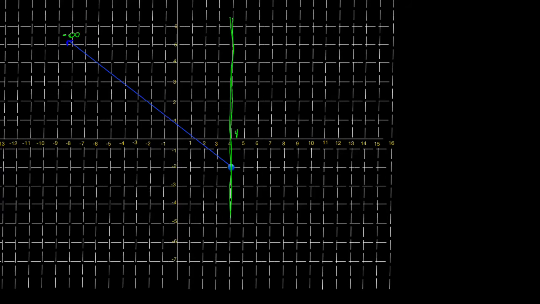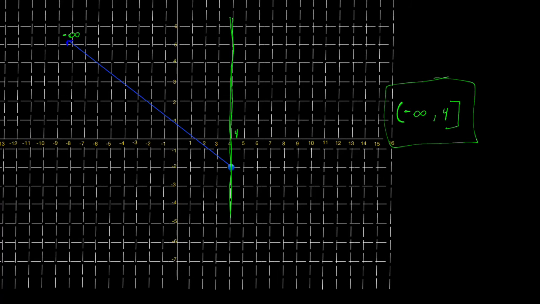So I have negative infinity on the left and a positive 4 on the right. Every time you have infinity, you use a parenthesis. So on the left, I use a parenthesis. On the right, 4 was a closed circle, so we write a bracket. And that would be the domain of this graph in interval notation.